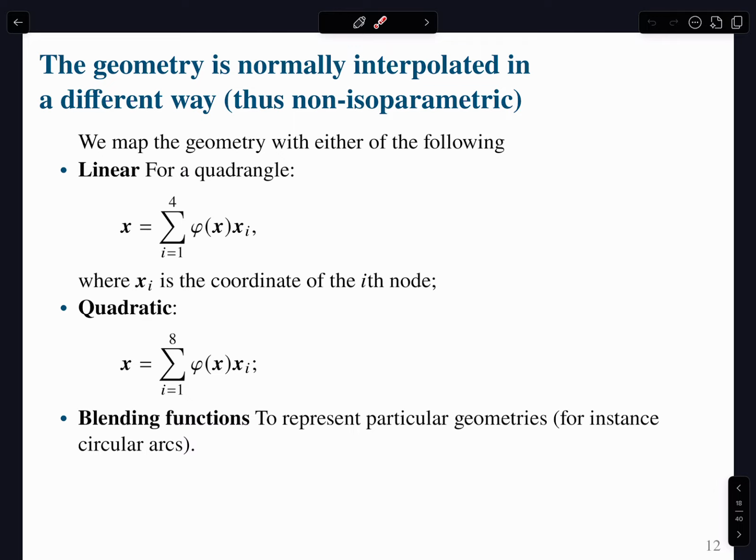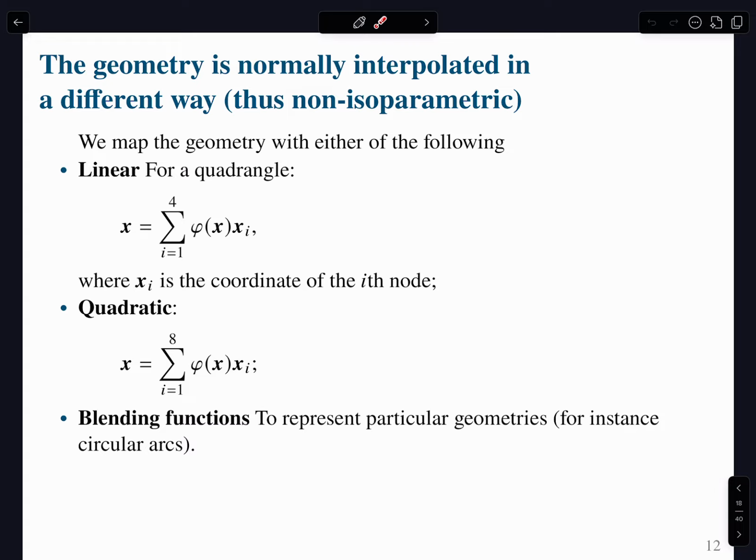There is also the possibility to use the so-called blending functions, and this is an approach that in that book of Szabó and Babuška they describe. So, say you want to represent exactly the geometry of a circle arc, right? Well, you would express that geometry using the so-called blending function, but now things are a bit different because now our geometry is expressed to a higher degree, right?